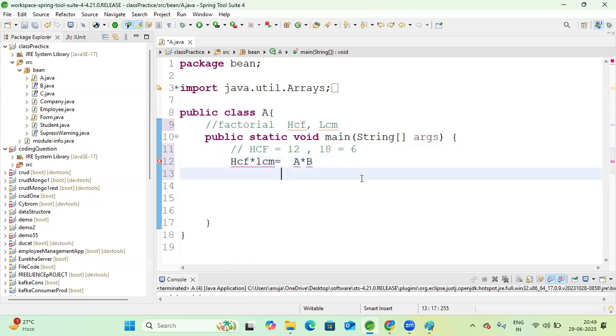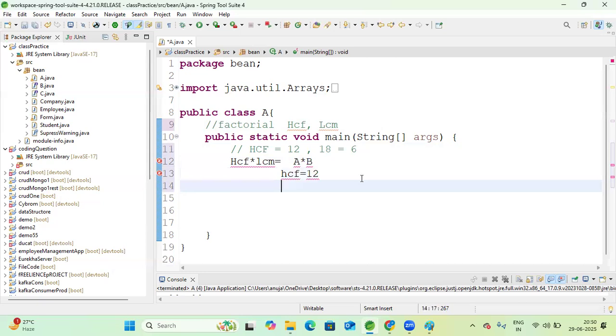So first I will find the HCF, some number. Then for finding LCM, simply A into B divided by HCF. This formula I will use here.